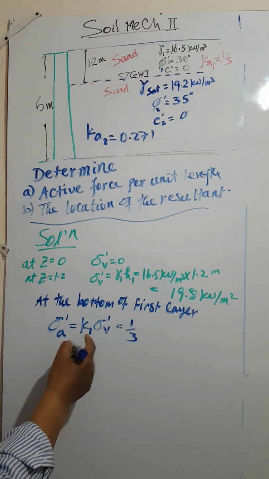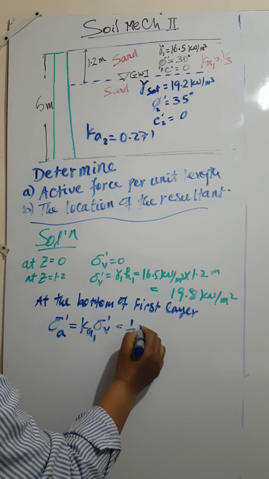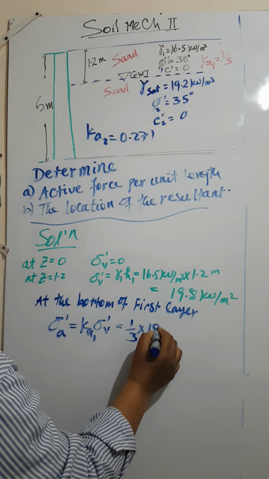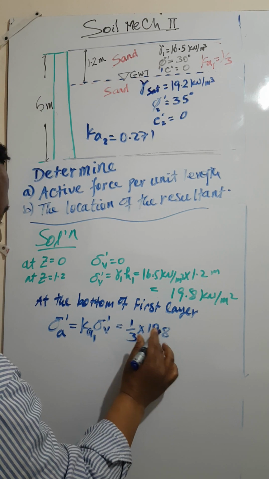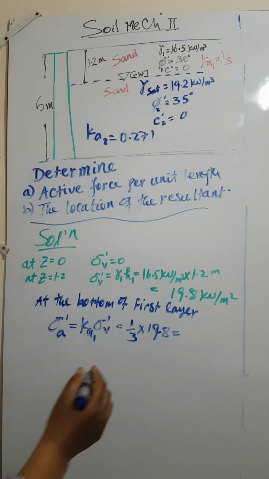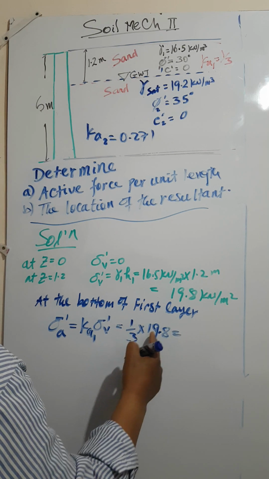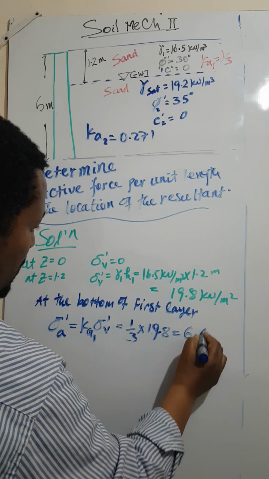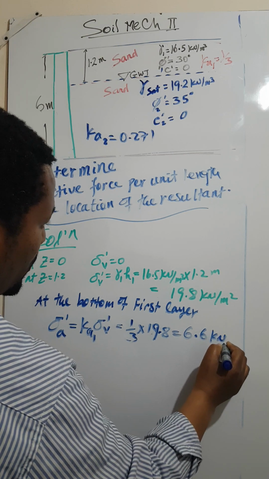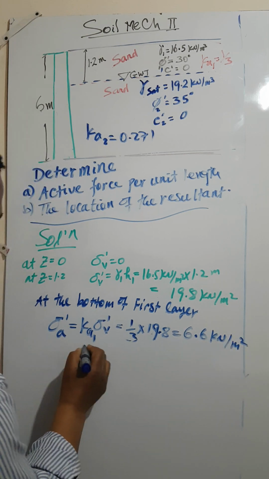Ka1 is 1/3 times 19.8, which is equal to 6.6 kilonewton per meter square of stress.